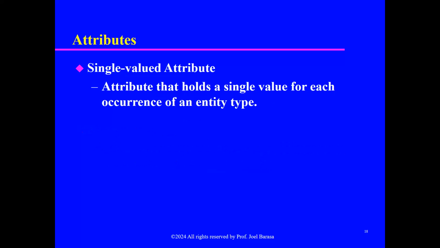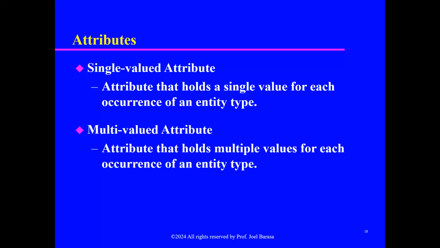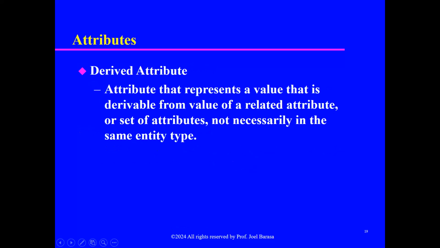We have single-valued attributes, where you hold a single value for each occurrence of an entity type. We have multi-valued attributes, where you hold multiple values for each occurrence of an entity, which is very important. Derived attributes represent a value that is derivable from the value of a related attribute or set of attributes, not necessarily of the same entity type.